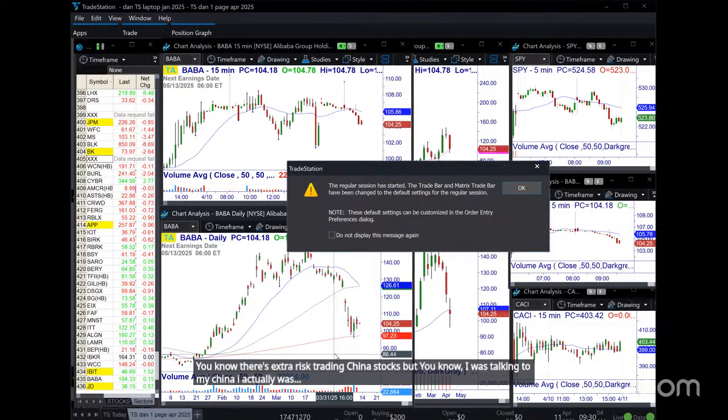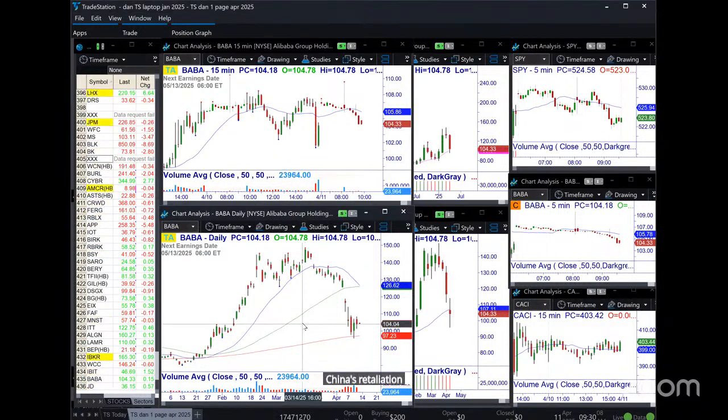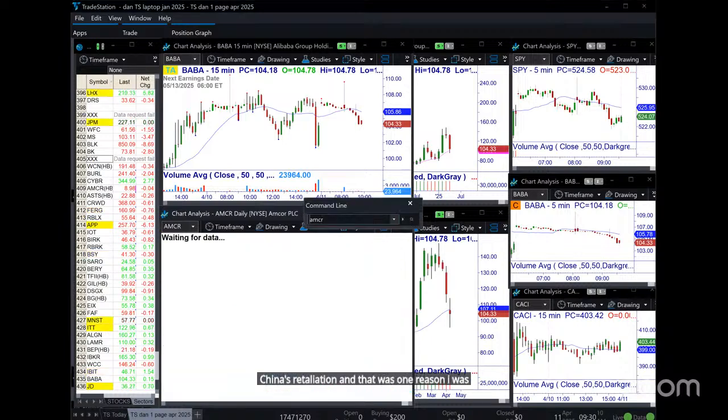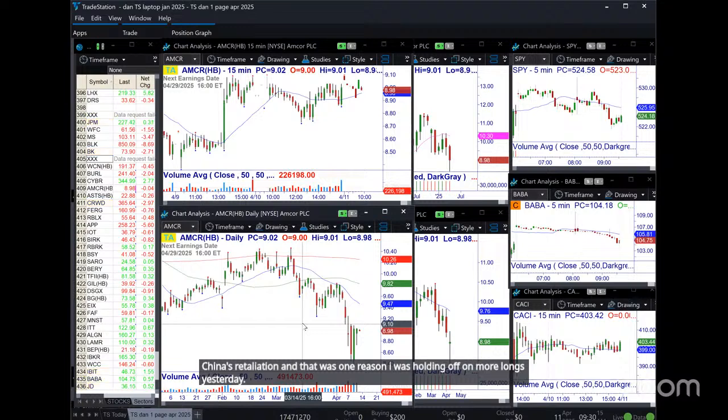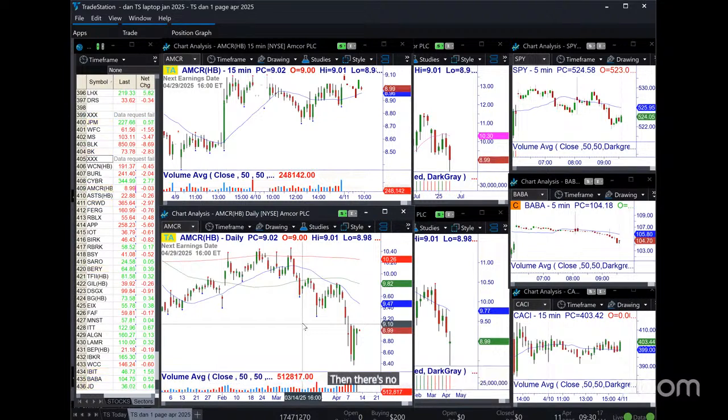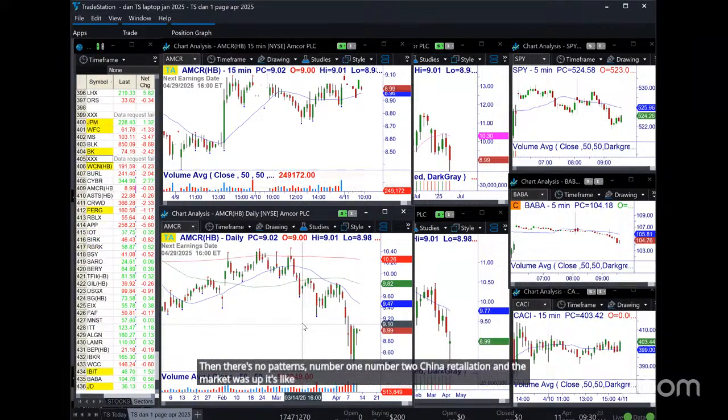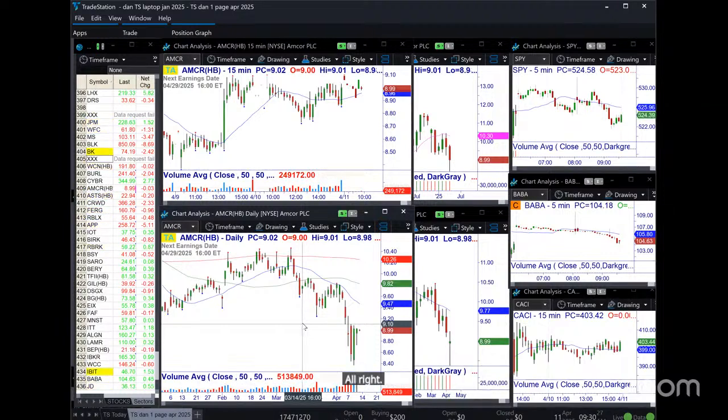I was surprised the market was up with China's retaliation, and that was one reason I was holding off on more longs yesterday. And there's no patterns, number one. Number two, China retaliation and the market was up. It's like it was priced in. They expected worse.